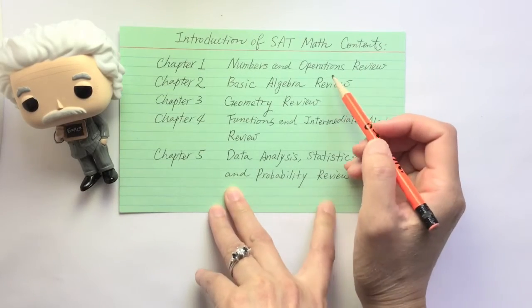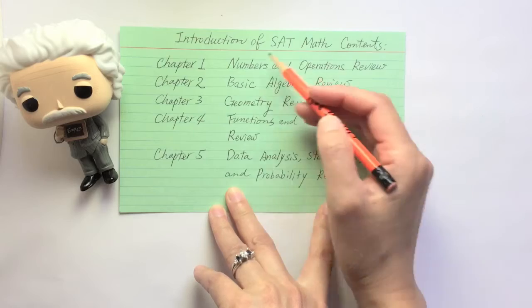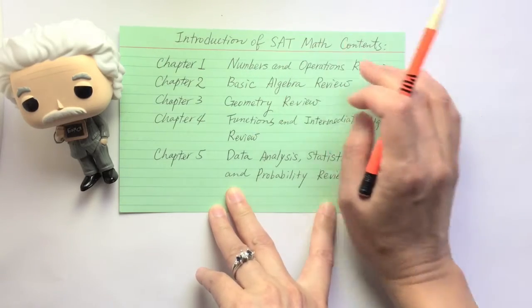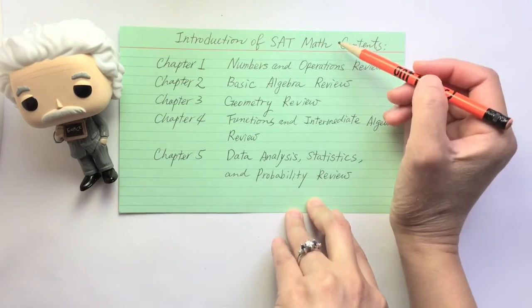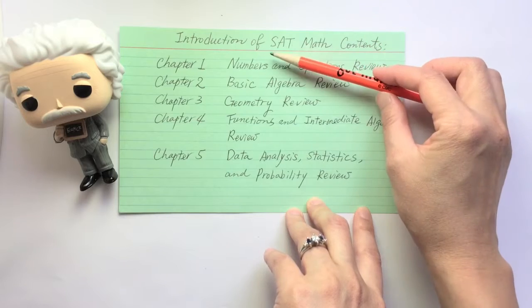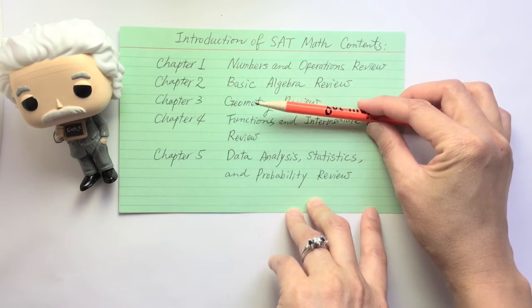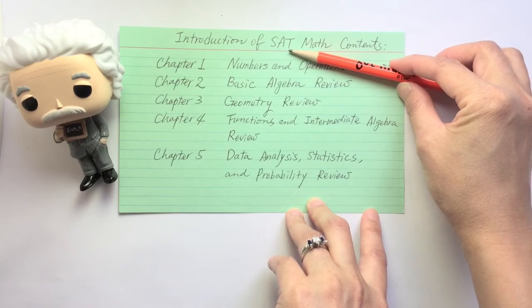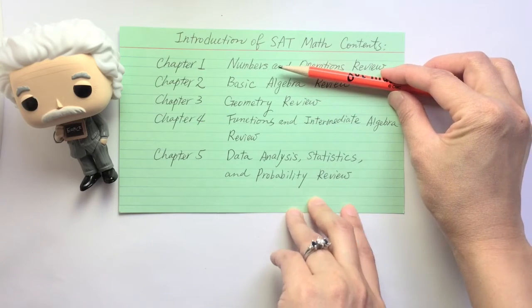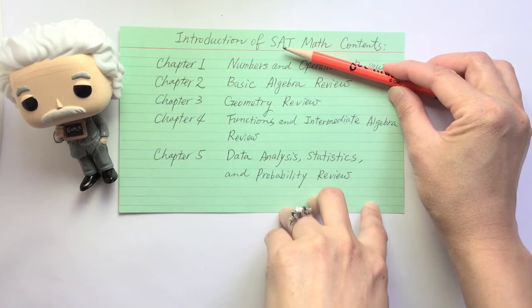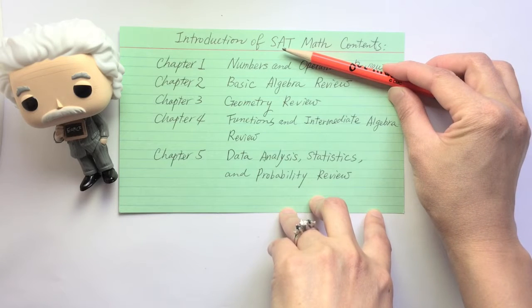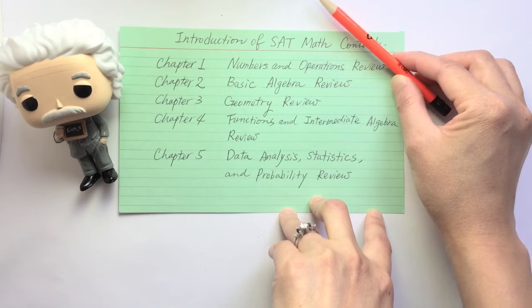Next, I'd like to talk about why they designed these contents in the SAT math test. Because SAT is for the high school students. The exam is for them to take and get the score, to be able to get into a good university.